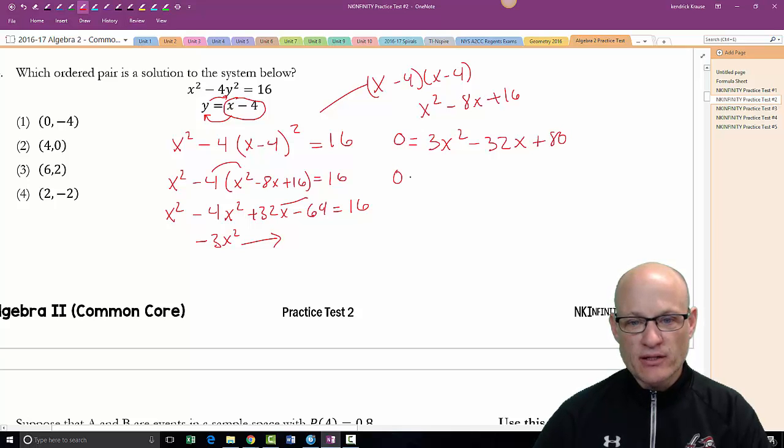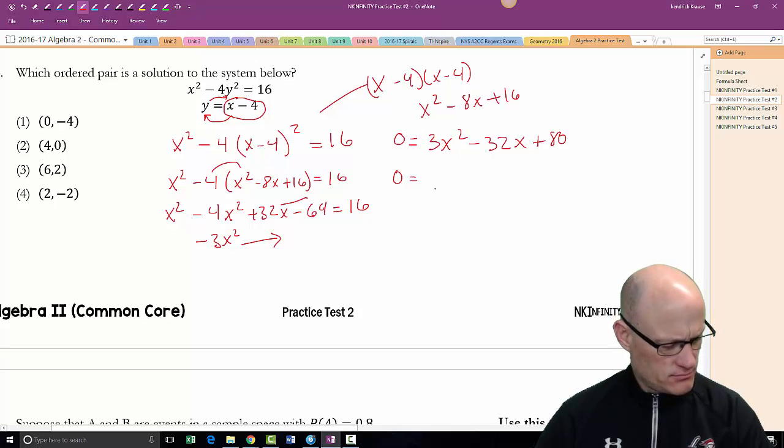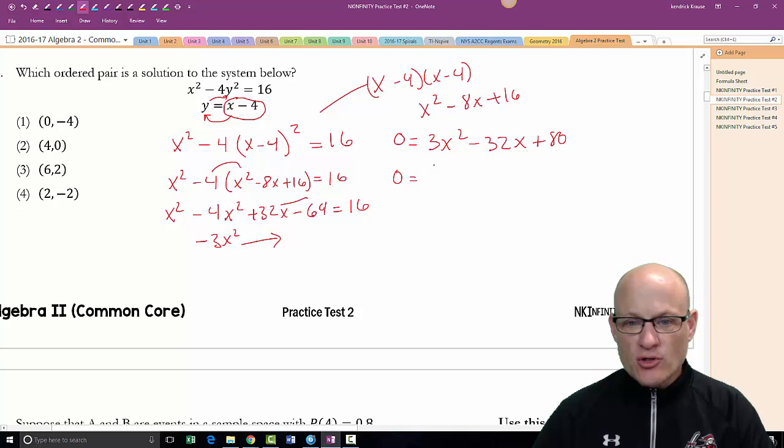Wow, that looks like a pain in the neck to factor. I think we did this the hard way, but this is the right way, I think. So, oh, I know what was bugging me.